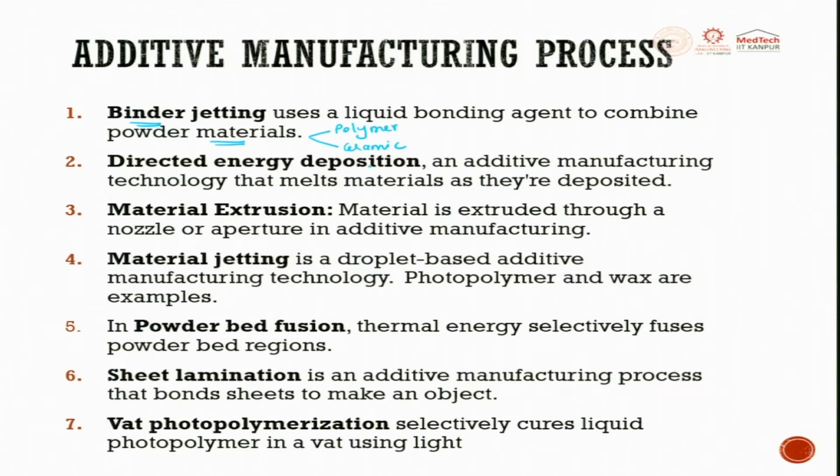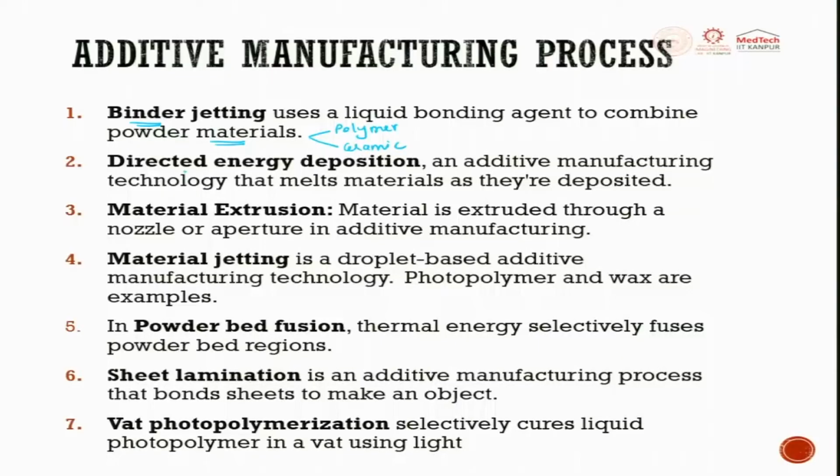Directed energy deposition is an additive manufacturing technology that melts material as it is deposited. It is as though the powder comes through a tube and then the powder is exposed to a flame, or let us say heat, and that heat will melt the powder and deposit it.